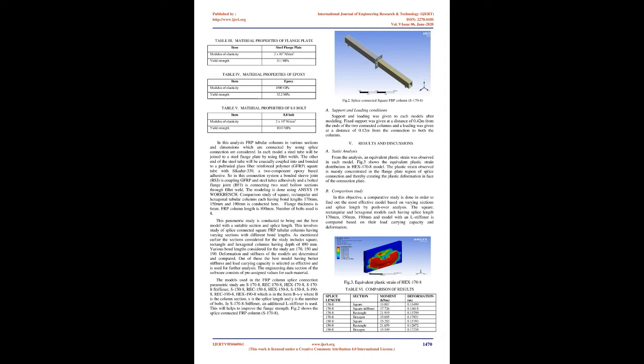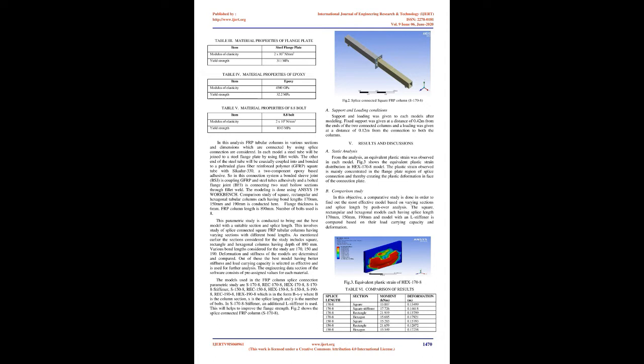Various sections of columns are considered for the analysis, such as square, rectangle and hexagonal FRP columns, each of these sections having splice lengths of 170 mm, 150 mm and 190 mm respectively. A square FRP column with an L stiffener is also introduced in order to improve the flange strength.